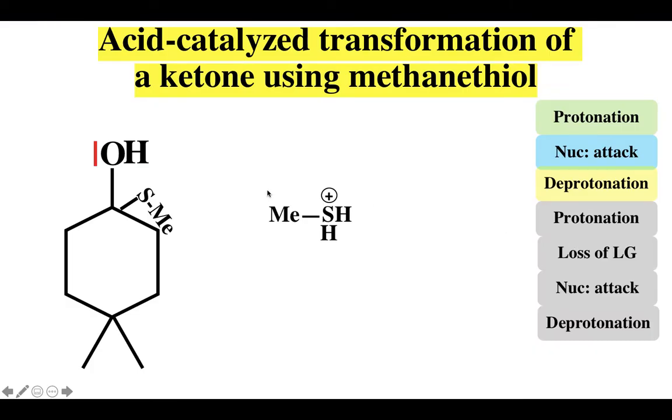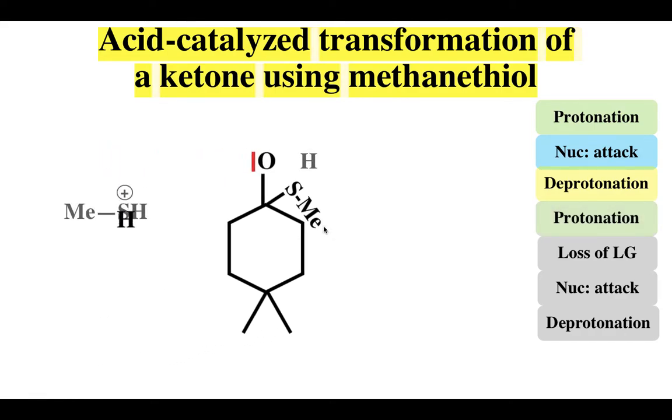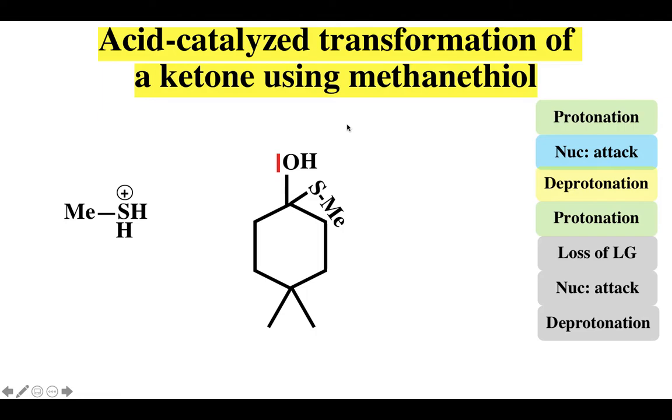So let's continue. We activated our methane thiol, and now that methane thiol is going to be used to protonate our hydroxyl group and convert it into water. So once it's converted into water, it becomes an excellent leaving group, and we're going to have the loss of that leaving group.